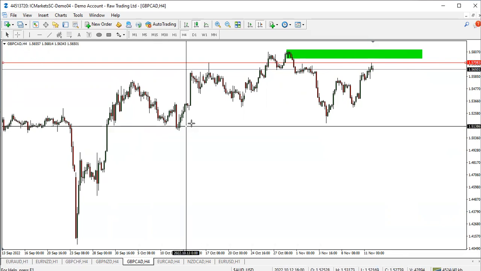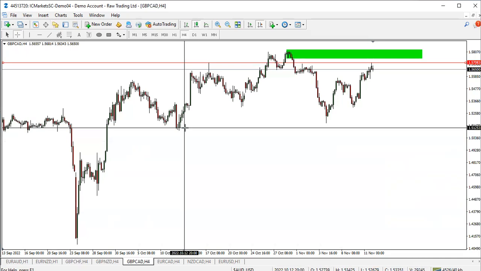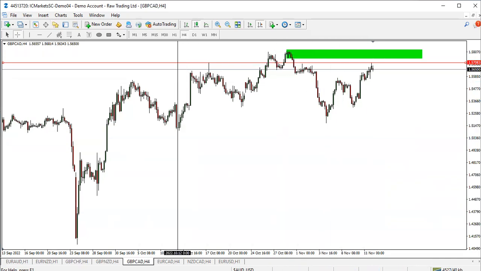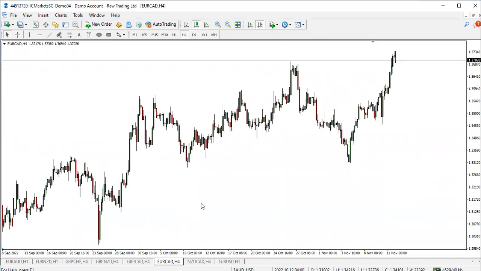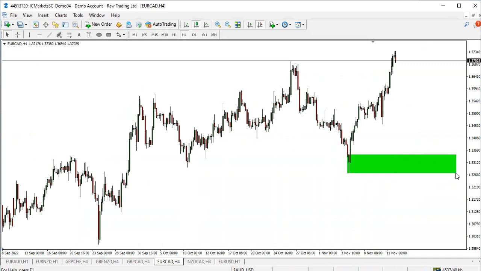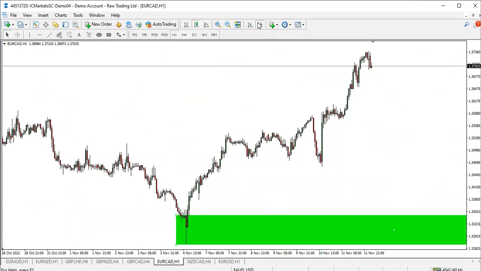So let's look out for here. For example, for EURAUD, here is a good sell area on the H4. Looks like it will give something good on the H1.